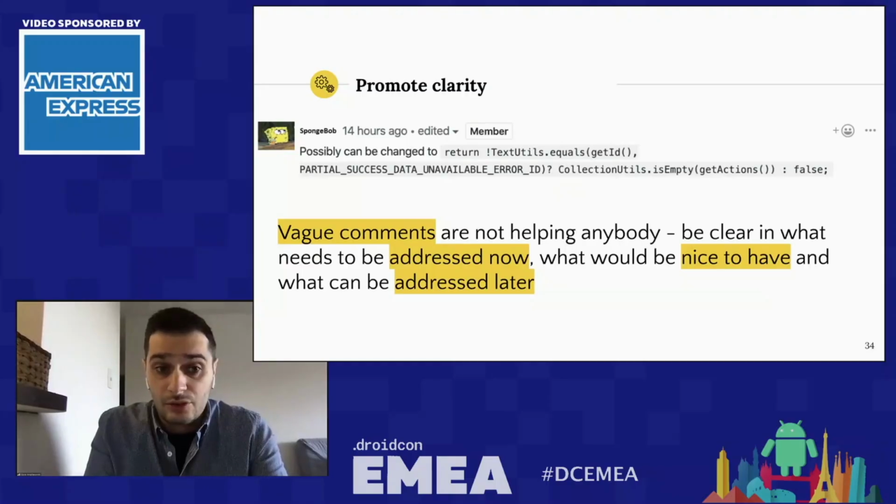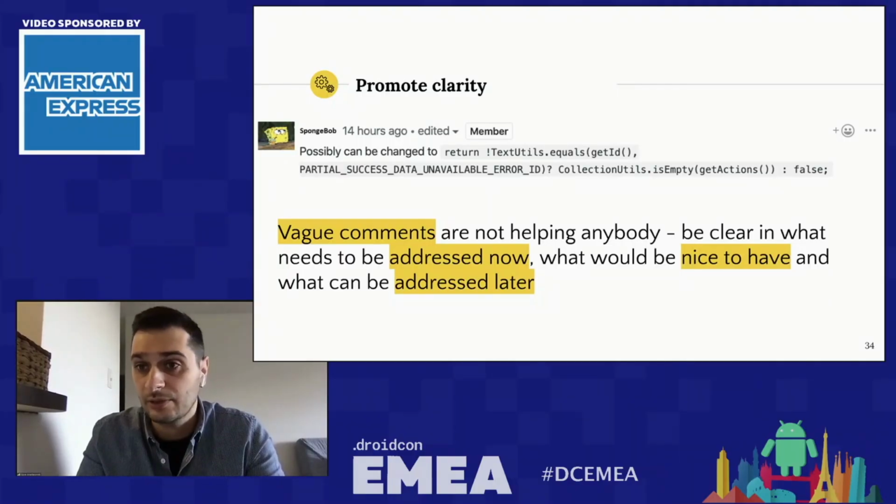As a team lead, it's your job to promote clarity. If you are leaving a comment, make sure it's very clear whether with that comment, you want something to be addressed right away, or something can wait for later, or if something is nice to have.